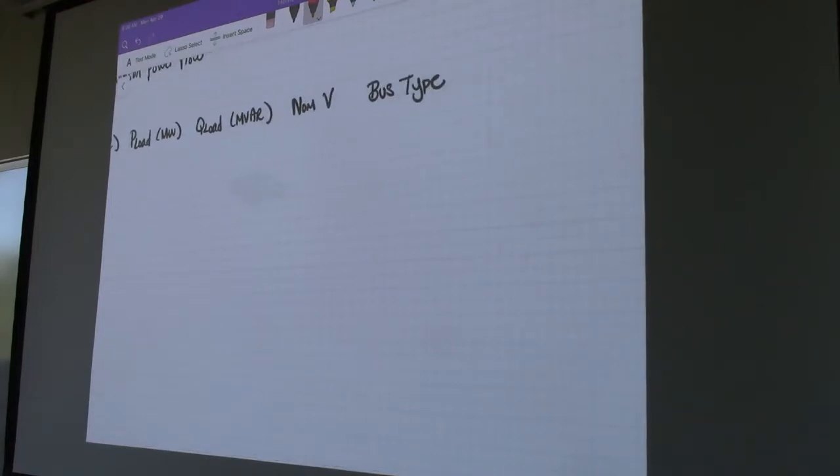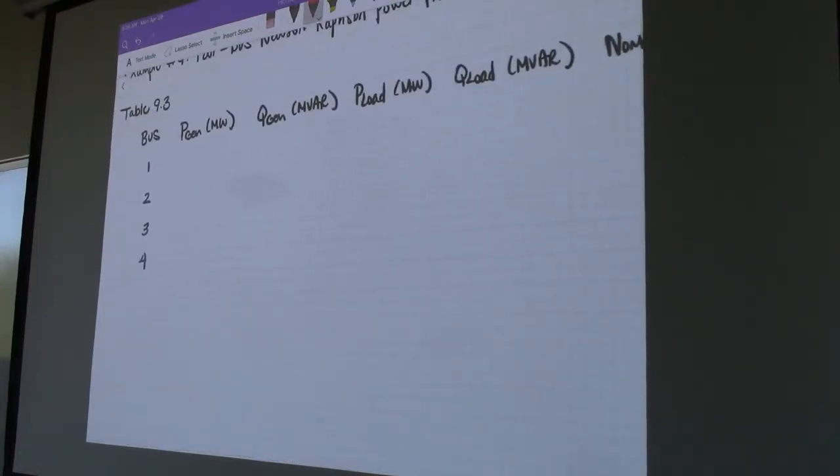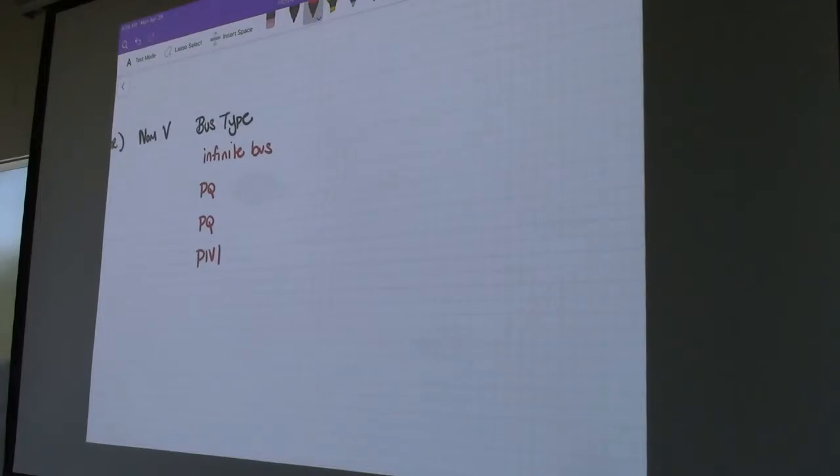They say that this is an infinite bus, load bus, PV bus. So I'll use these names: PQ bus and PV bus. And PQ bus is synonymous with load bus.